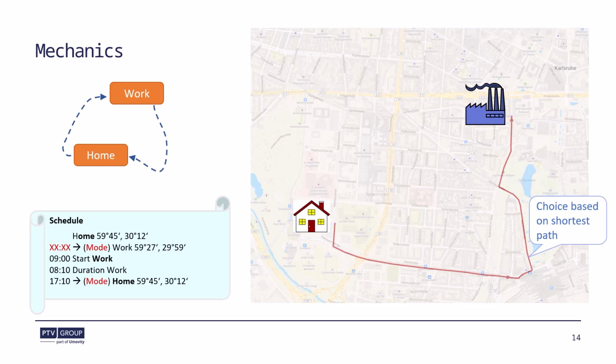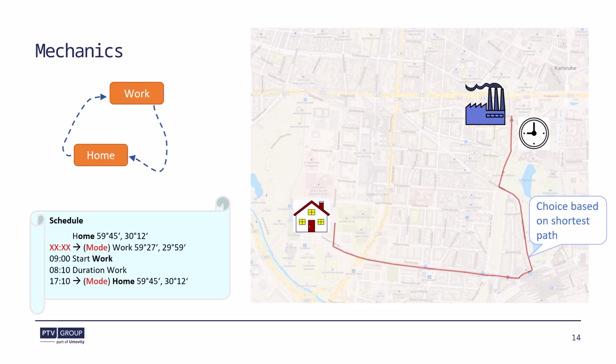Okay, but we don't take any shortest path, because we know that the work starts at 9 o'clock. And that means also the trip will happen before 9 o'clock, somewhere, for example, in the time period from 8 to 9. And that's why we calculate the shortest path in this time.